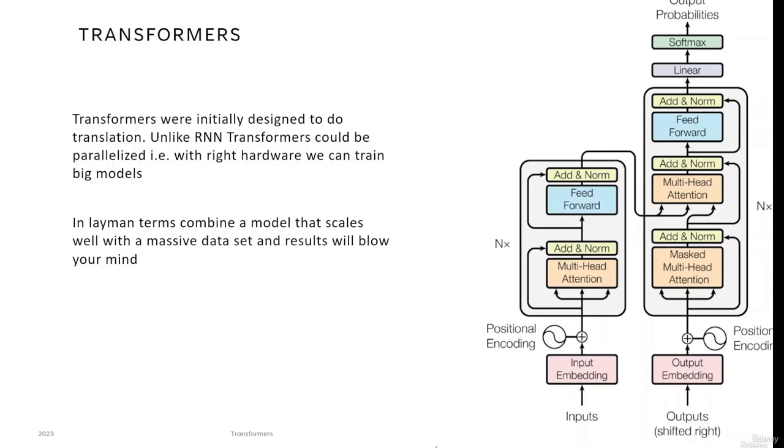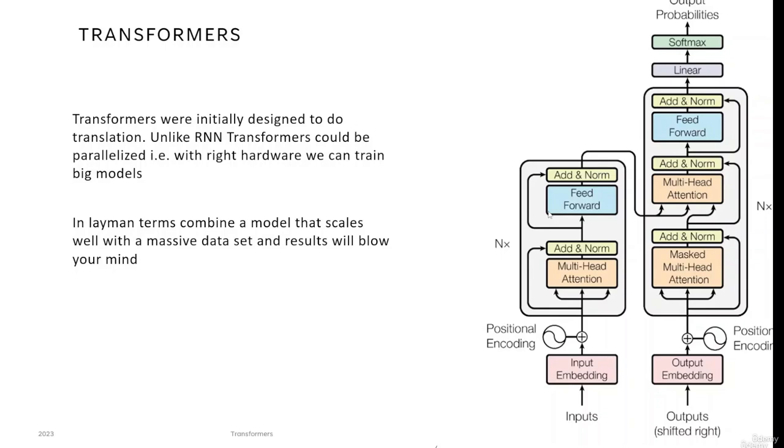That is, if you use the right hardware like a GPU, you can train pretty large models in a finite time, which RNNs could not have done, even approximating the entire public web. In layman's terms, combine a model that scales well with a massive data set and the results will blow your mind. That's basically what transformers are.